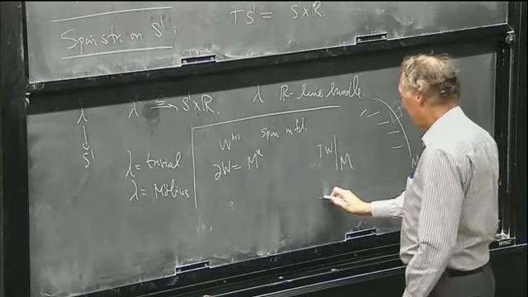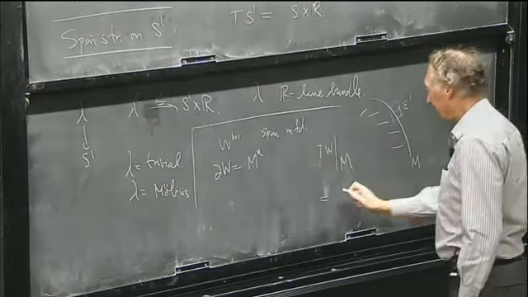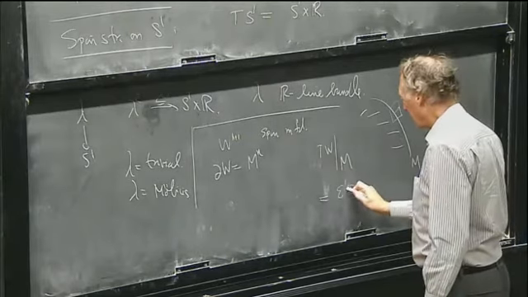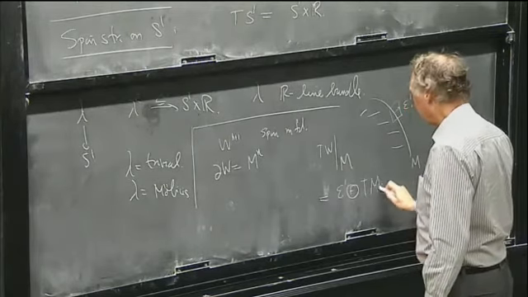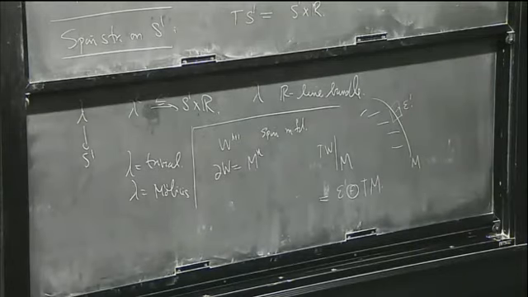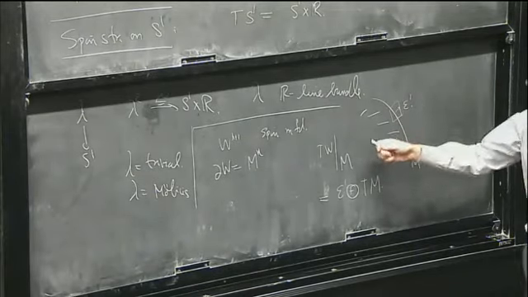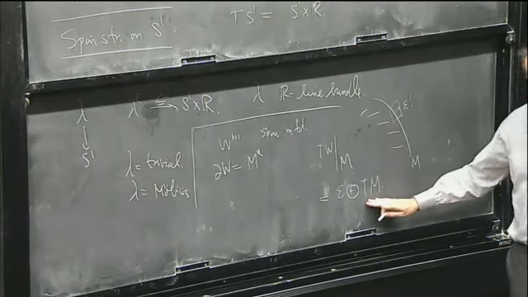I'll write the tangent bundle restricted to M as the outward pointing normal followed by the tangent bundle of M. That's my convention. If W is oriented, this gives an orientation to the boundary.